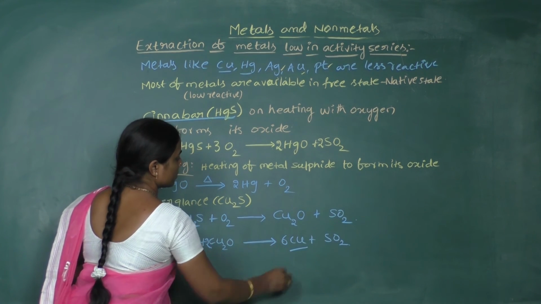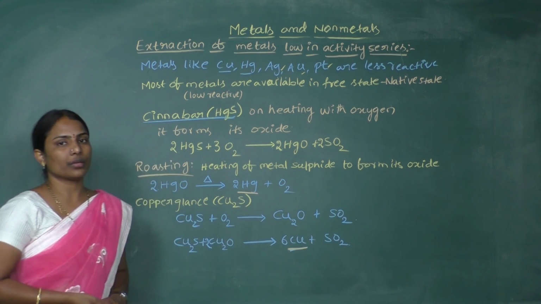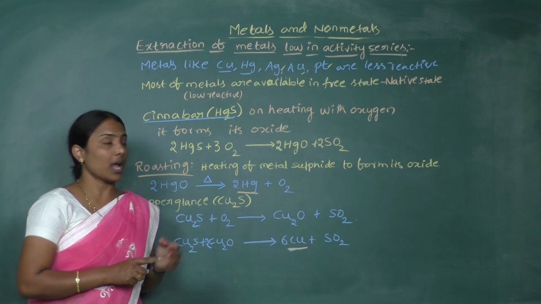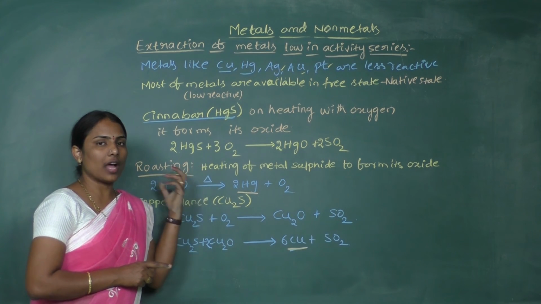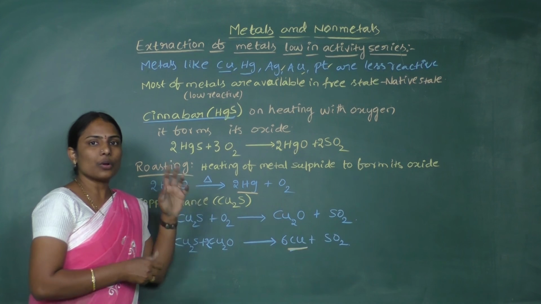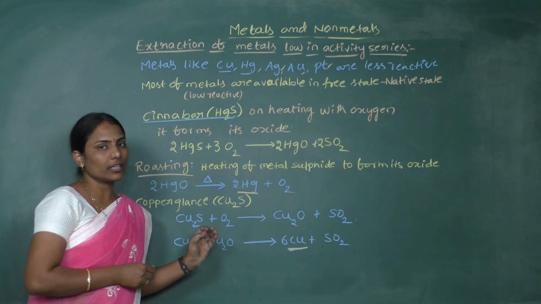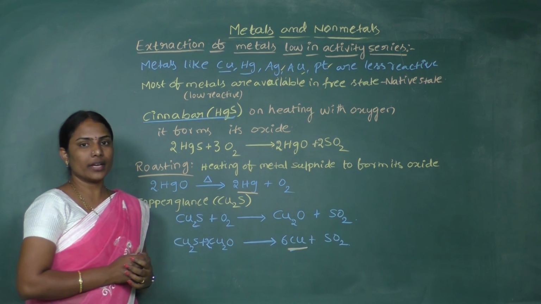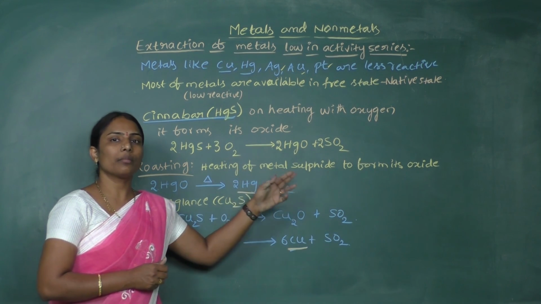So this is the way we obtain copper, and this is the way we obtain mercury. In both cases, copper as well as mercury are available as their compounds. And in what form are they available? They are available as their sulfides, right? So how did we convert the sulfides? Sulfides we first converted into their oxides by a process called roasting, right? Roasting is the heating of metal sulfide to form its oxide.